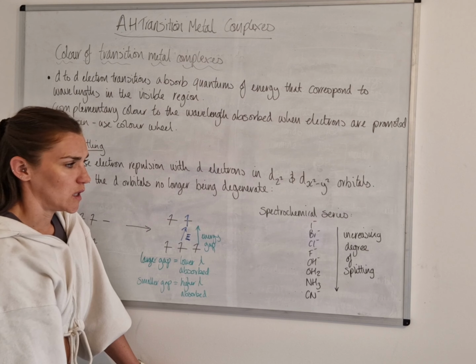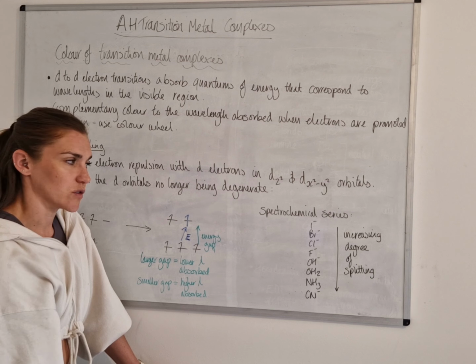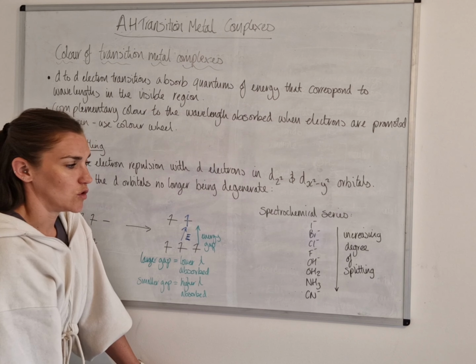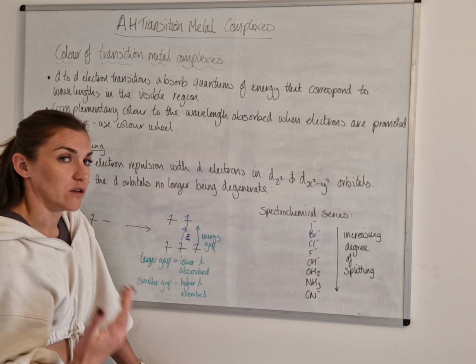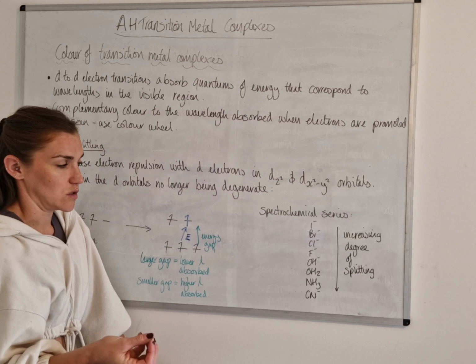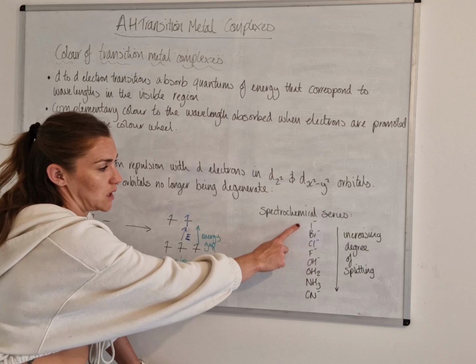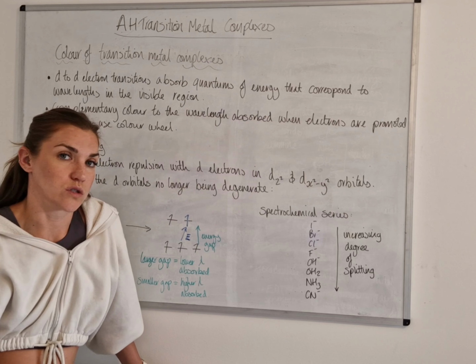Normally you won't necessarily be asked which one causes a bigger degree of splitting than another. You could just be asked to discuss why you get different degrees of splitting, and it is just because the different ligands cause different levels of repulsion. The cyanide ligand causes the most repulsion, and the iodide ligand the least.